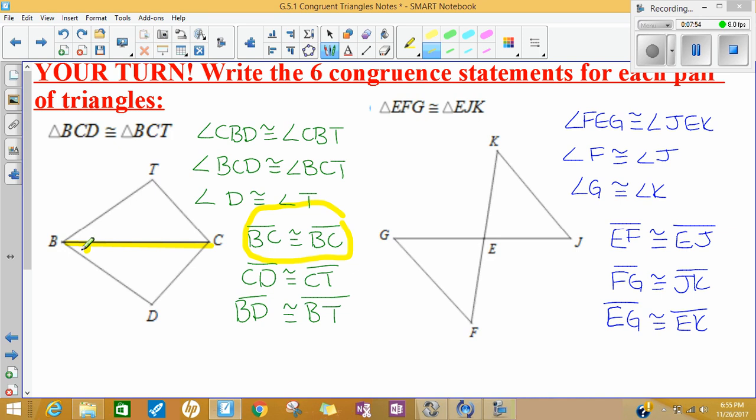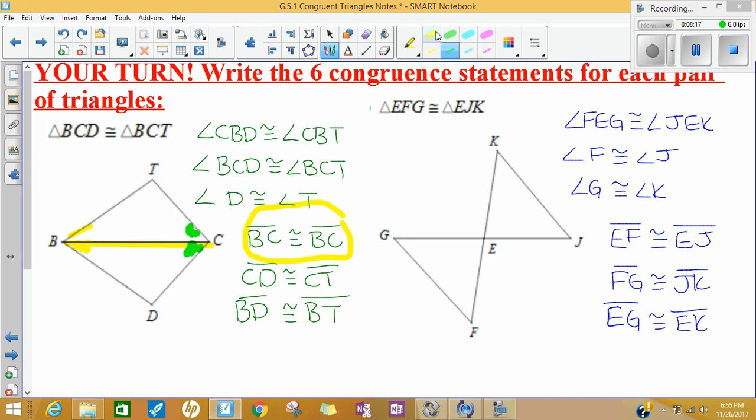CBD is right here, and CBT is up here. And then I did BCD, this guy, and BCT. And then angle D and angle T, those are the easy ones because they're all by themselves, so I can just use 1 letter. Same thing happened over here, that my vertical angles I had to be careful about.